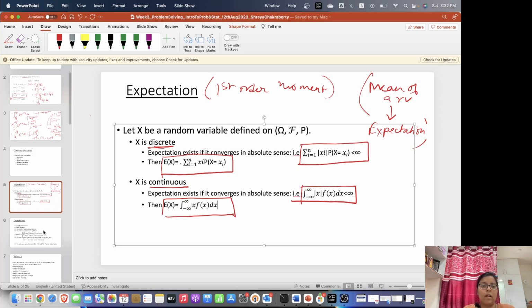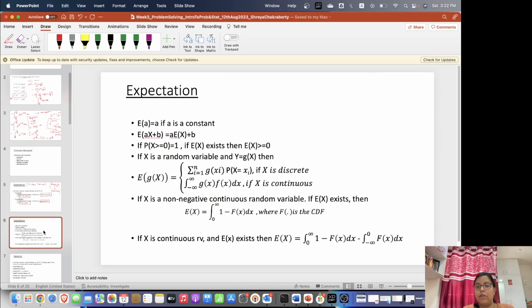Alright. Now, there were a few remarks or properties which come handy during problem solving. That is, expectation of any constant is that constant itself. Expectation of ax plus b, where x is the random variable, a and b are constants, can be broken down and written as a times expectation of x plus b.